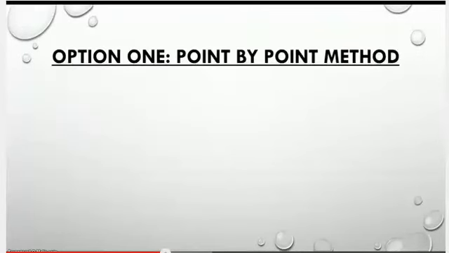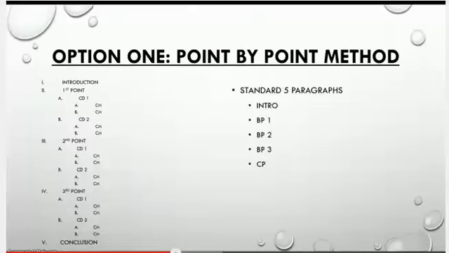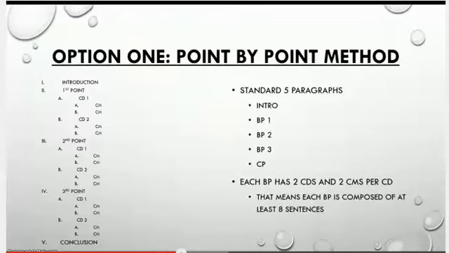So let's go into the first type of compare-contrast essay that you may want to write. Right? It's the point-by-point method. Take a look at it. It is your standard 5 paragraphs. You have your introductory paragraph, your 3 body paragraphs, and your concluding paragraph. Each body paragraph should have 2 concrete details, and each concrete detail should have 2 commentary, which means that each body paragraph should be at least 8 sentences.